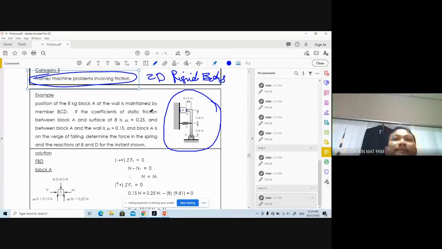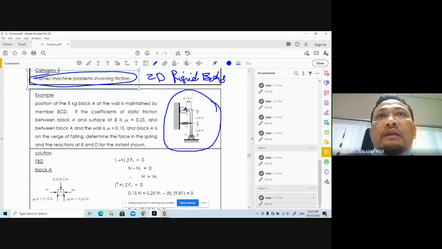It says the position of the 8 kilogram block A is maintained by structure BCD. Look at that structure. It is pinned here, attached to a spring to the wall, and you hold block A by this friction attachment.